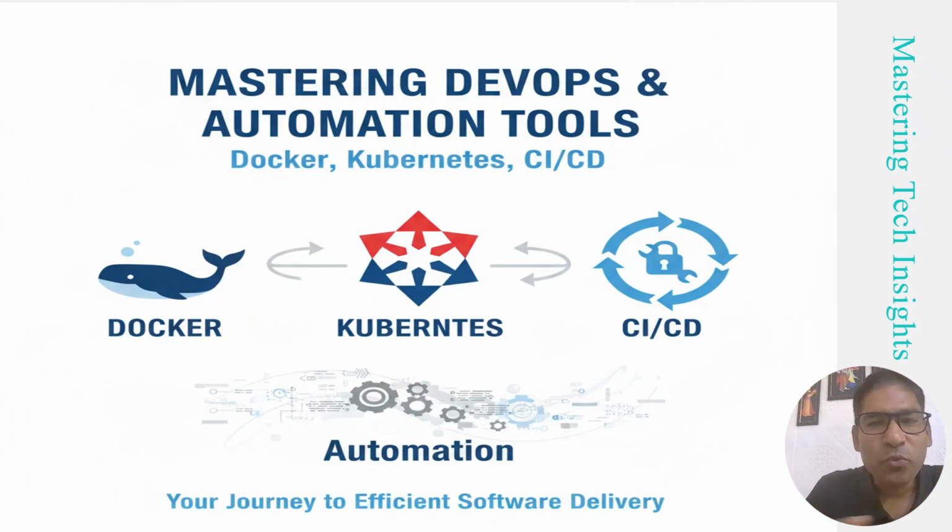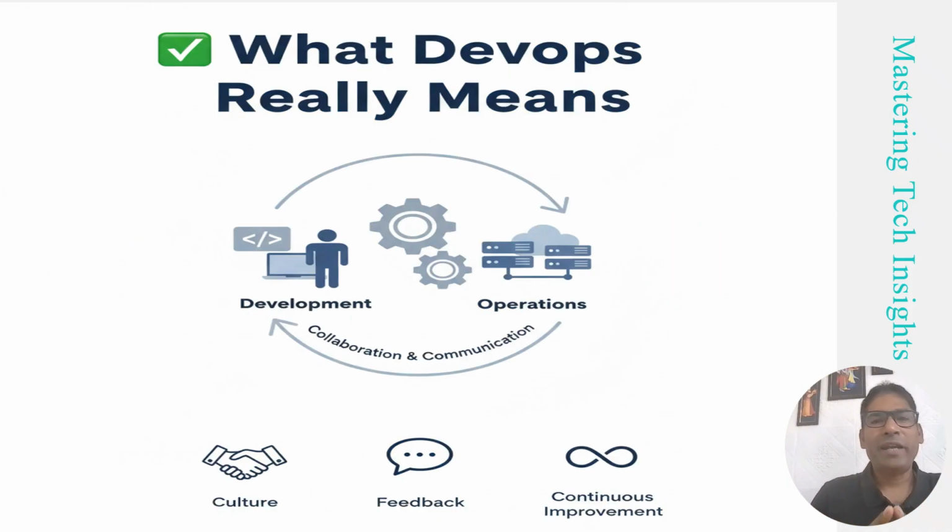In today's video, we are going to explore one of the most important movements in modern software development, DevOps and automation tools. We will break it down into three different modules.